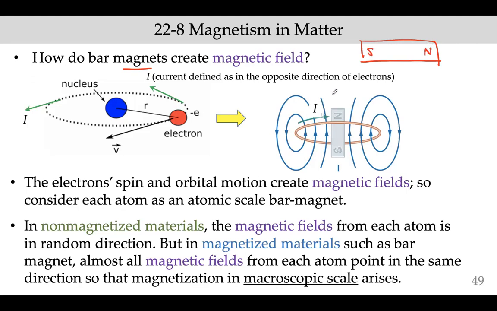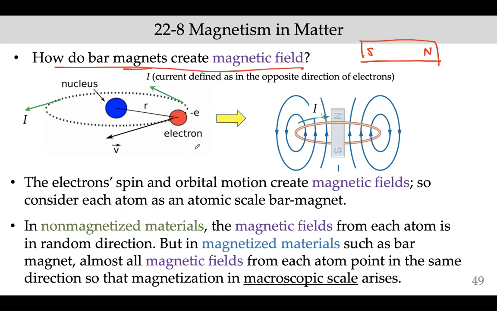For example, if you hold a piece of iron or nickel or any other metal or insulators, most of them don't create a magnetic field. But some special materials, magnets, create a magnetic field. And how does that happen? How do bar magnets create a magnetic field?